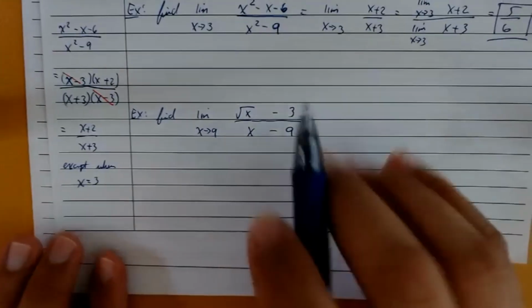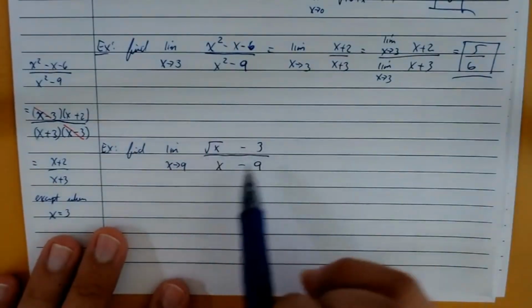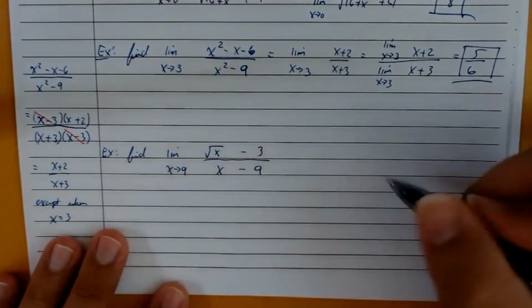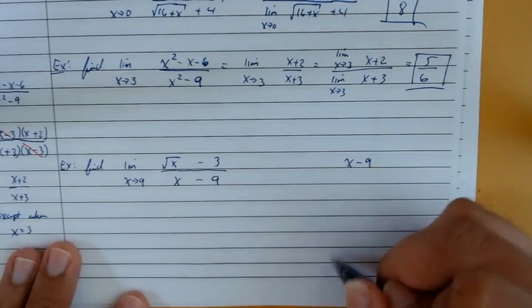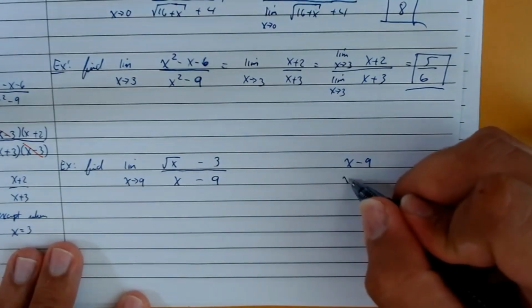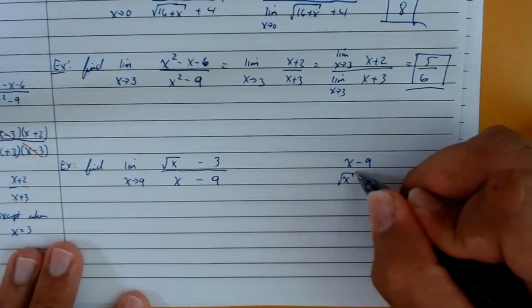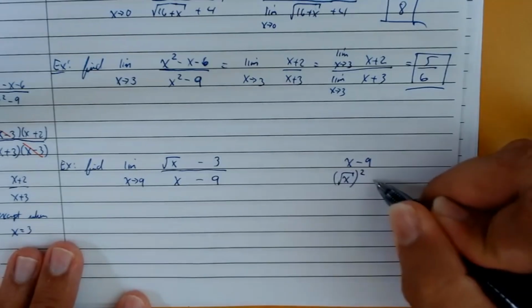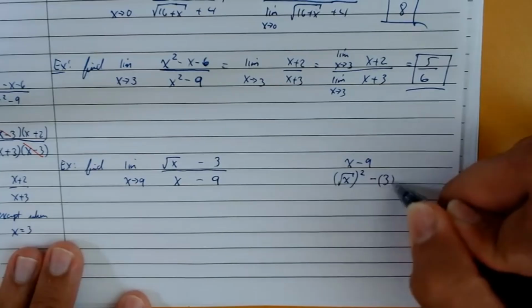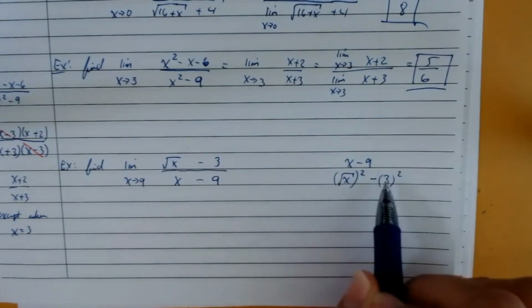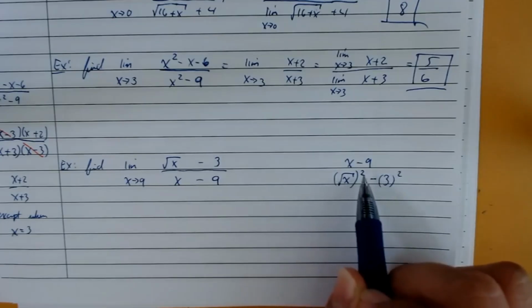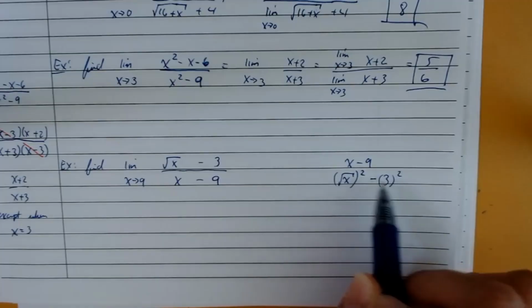So let me go ahead and I will come back and do this one with rationalization. But first what I want to do is this. I'm going to say, okay, x minus 9. I'm going to think of x minus 9 as the square root of x squared minus 3 squared. That's x minus 3. But if I write it this way, it's the difference of 2 squares.